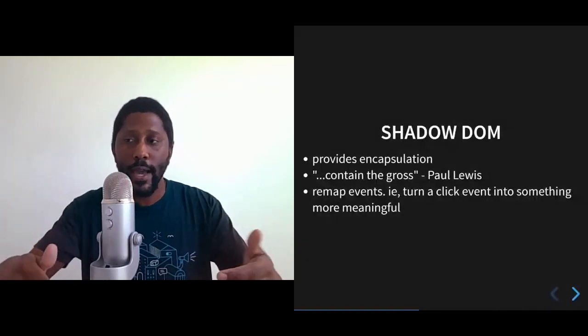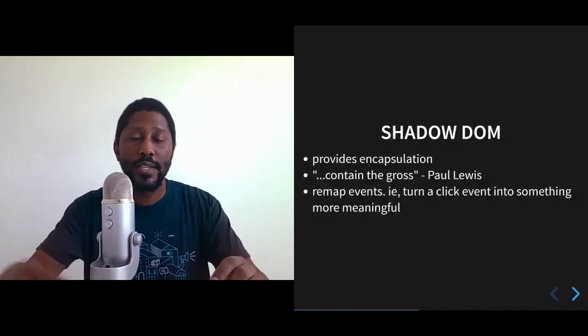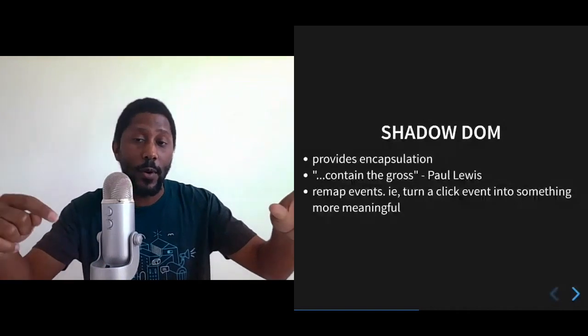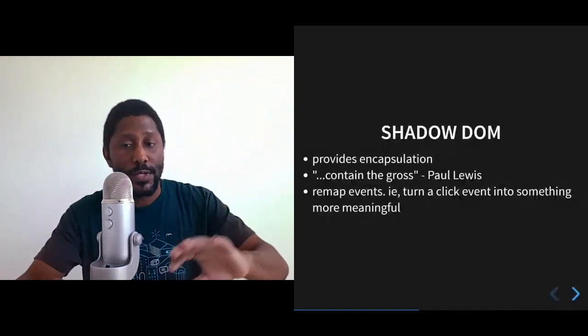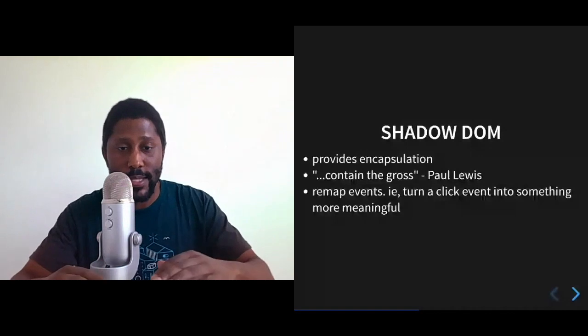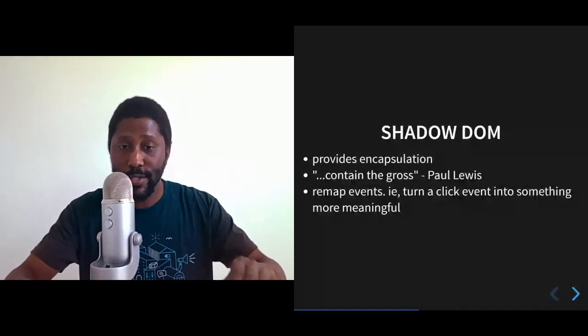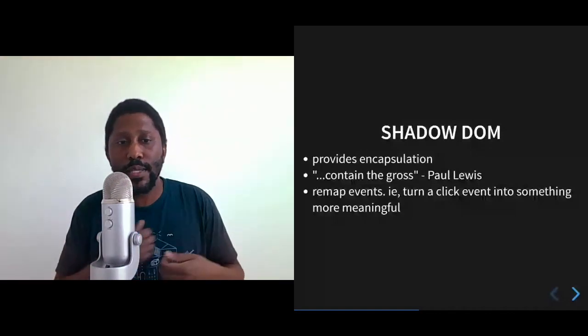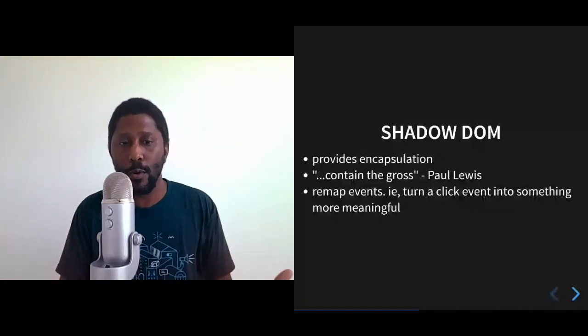And then inside of your web component, you can attach another DOM that's outside of the light DOM, and that's known as the shadow DOM. That sounds super mysterious and it's kind of awesome. And Paul Lewis put it really well when he said it helps contain the gross.